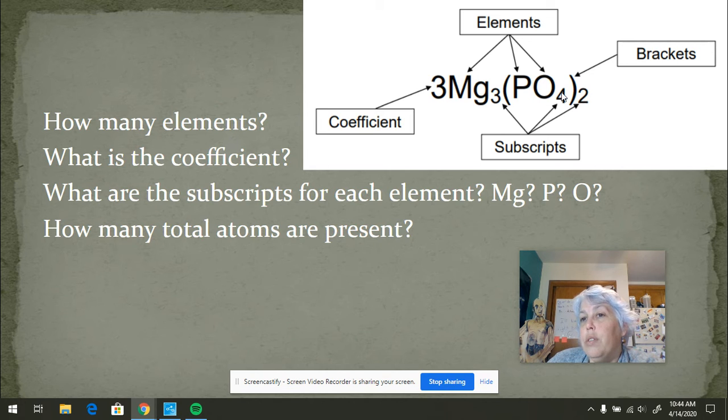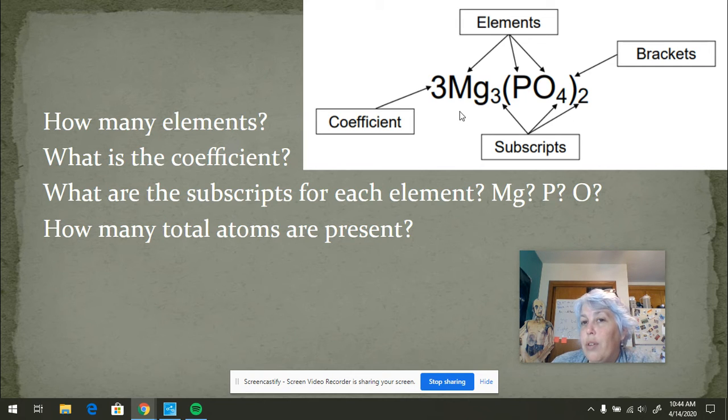We've got 2 times 4 oxygen, but there's 3 of those. 8 times 3 is 24, if I'm doing that right. So there's 24 oxygens.